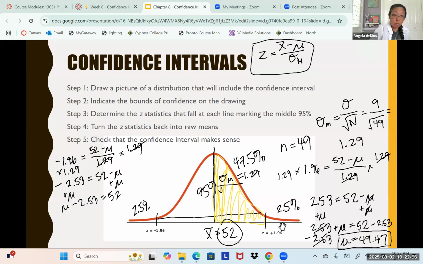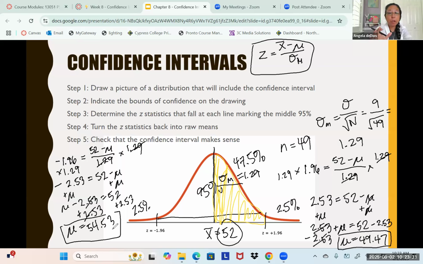And that will mean I'll add. All right, and so the other end of my confidence interval is 54.53.